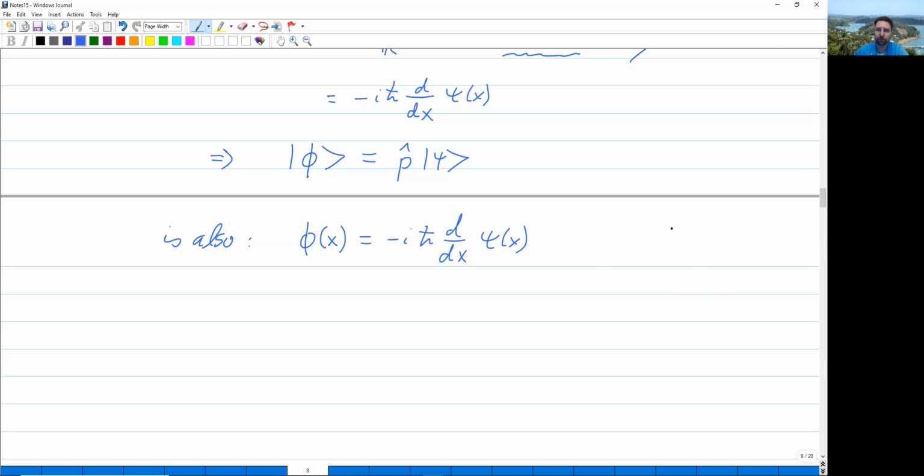And all of this is true for all phi and psi. So what we see is this is abstract, and this is concrete. Remember, concrete meaning in a basis.